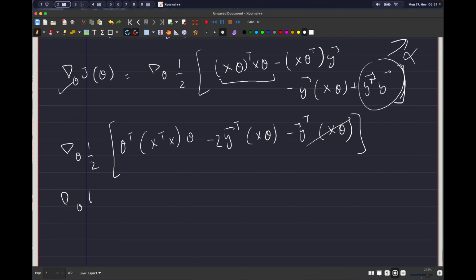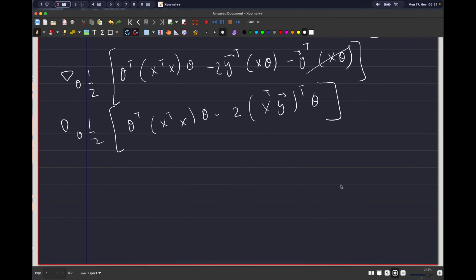So we can write it again like this: theta transpose X transpose X theta minus 2, and we can rearrange the terms and write it as X transpose y, transposed, times theta, based on a property above.